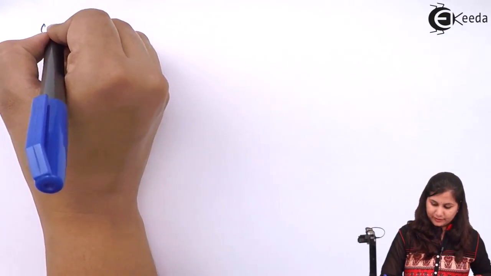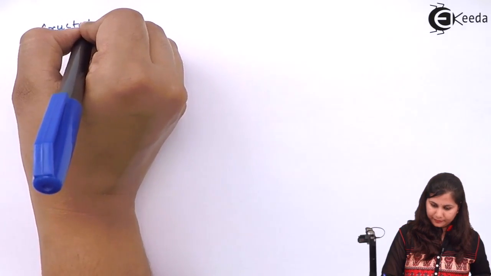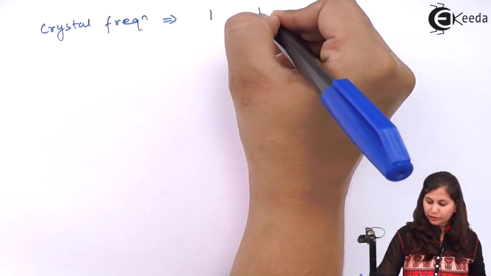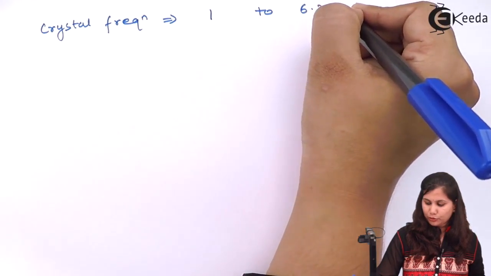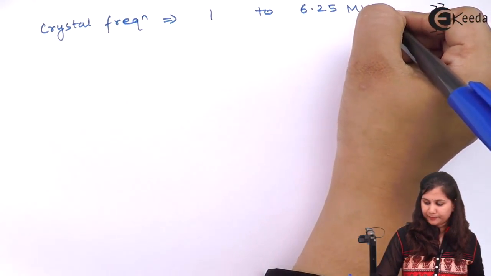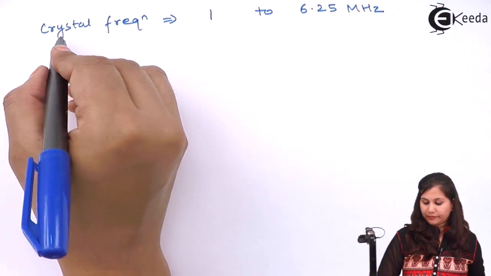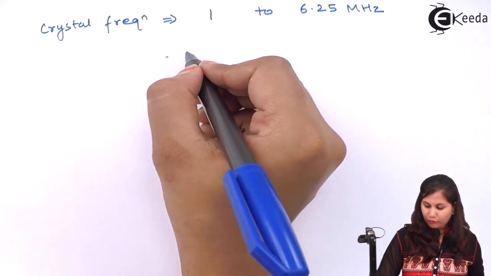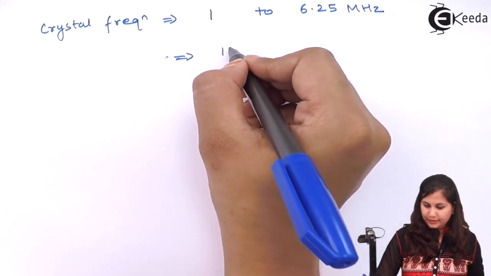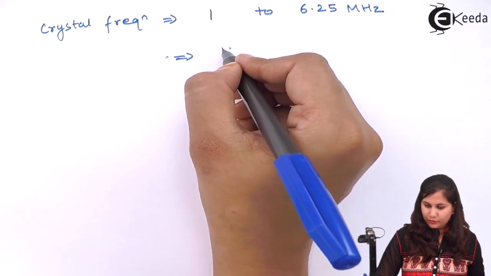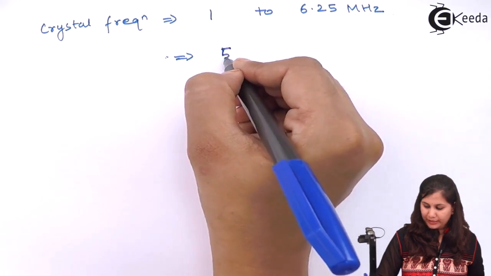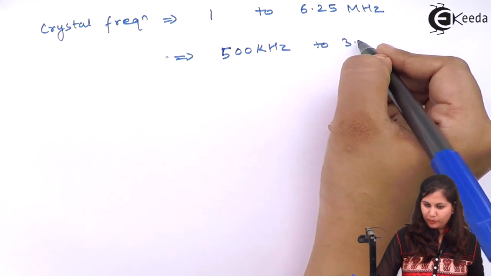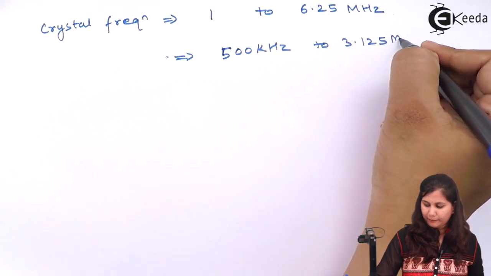We have the crystal frequency in the range from 1 to 6.25 megahertz. When the flip-flop divides it by 2, we get the output as 500 kilohertz to 3.125 megahertz.